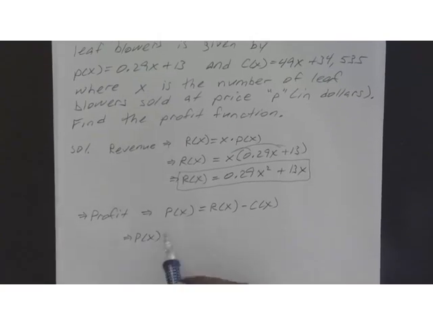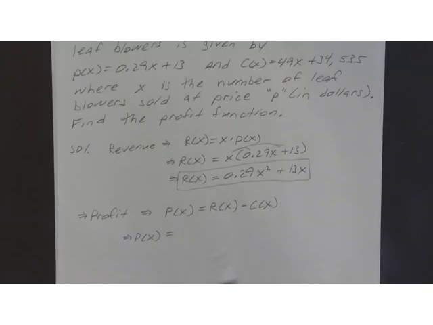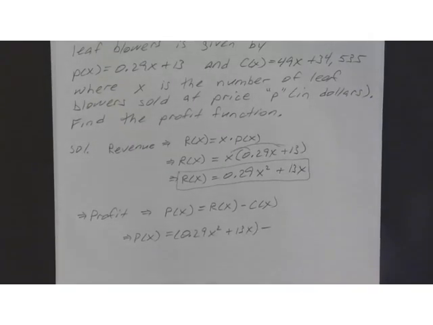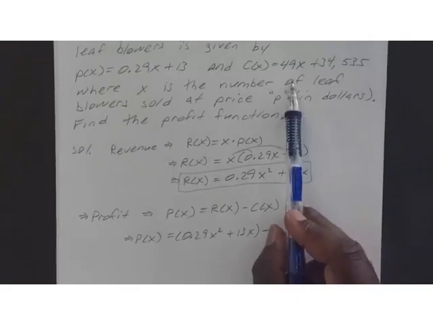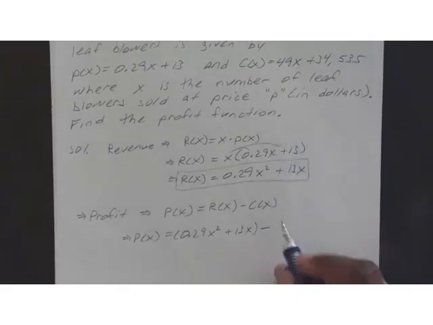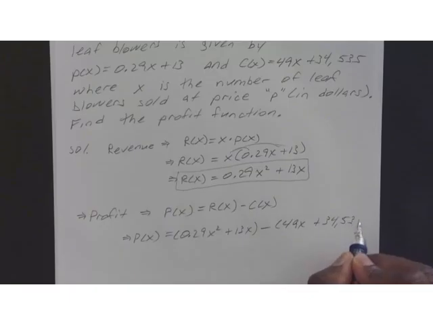That means your profit function is equal to your revenue function, which is 0.29X squared plus 13X, minus your cost function, which is given to us up here, 49X plus 34,535.